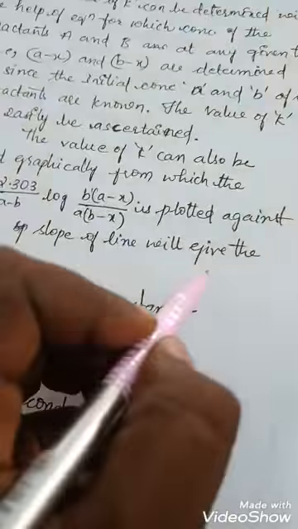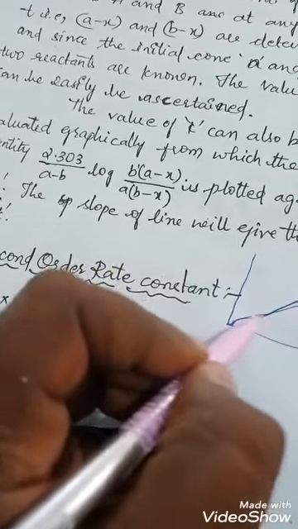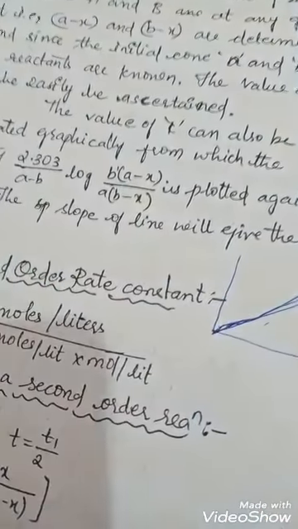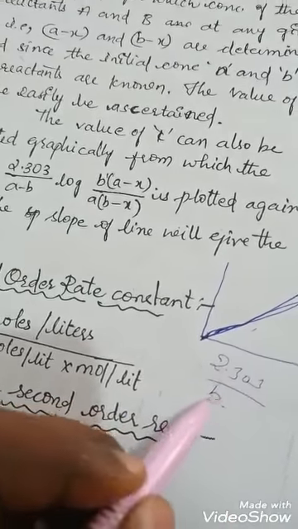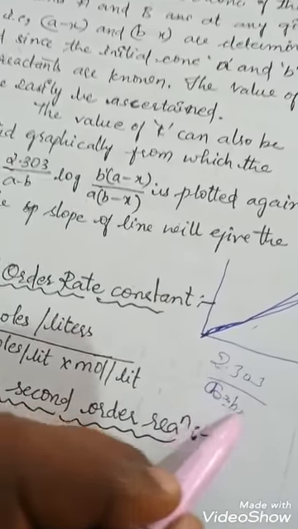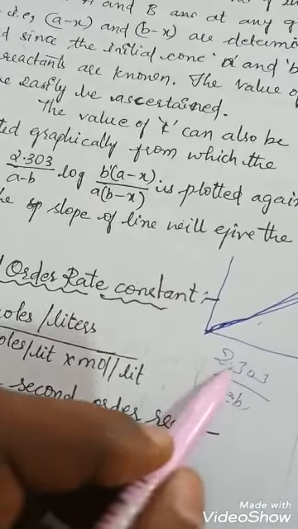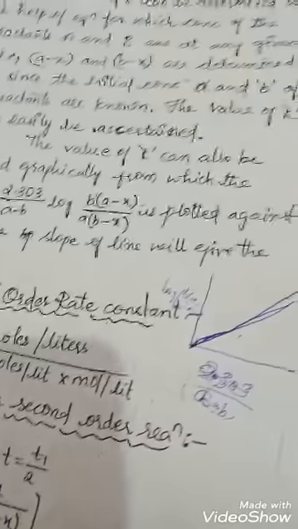So what happens in the graph? What should we take? The k value is from the origin to the straight line. Okay, this is the straight line.